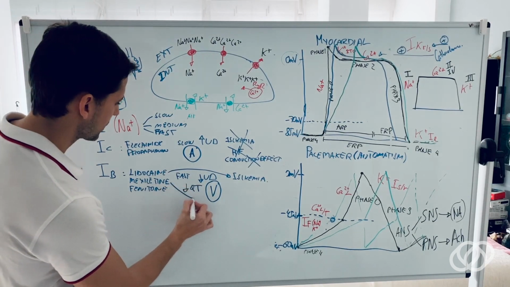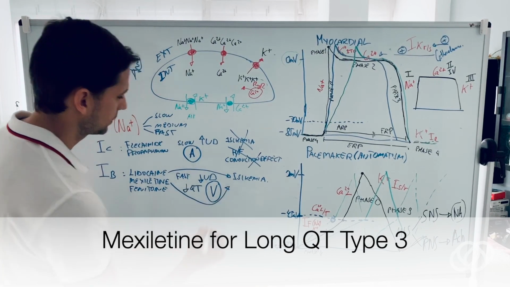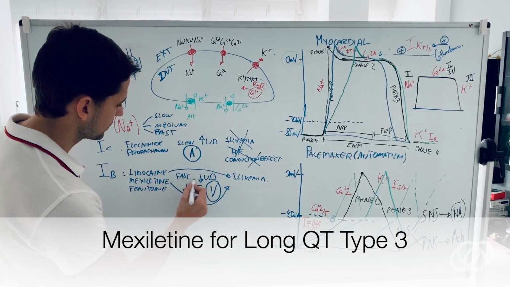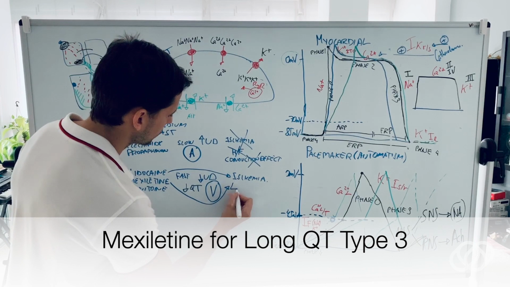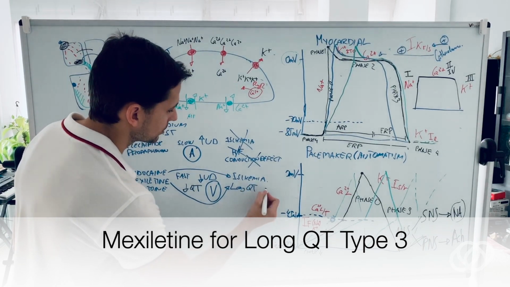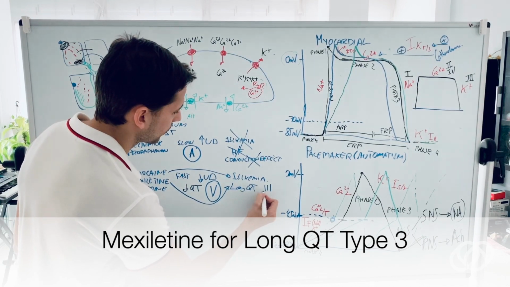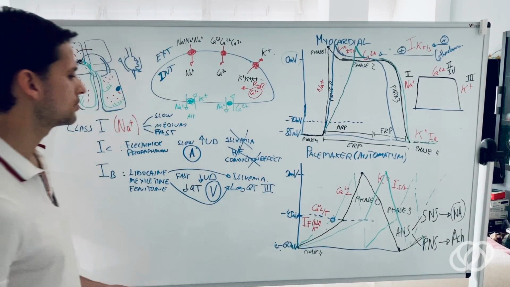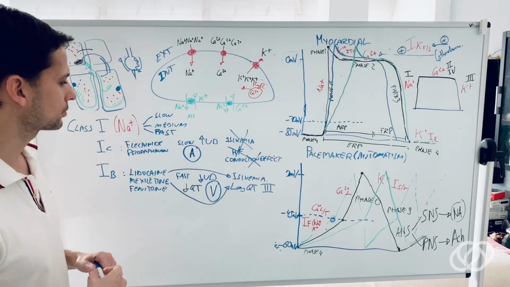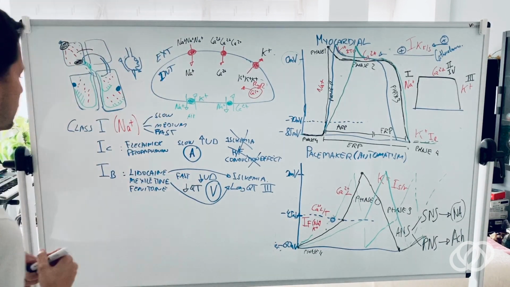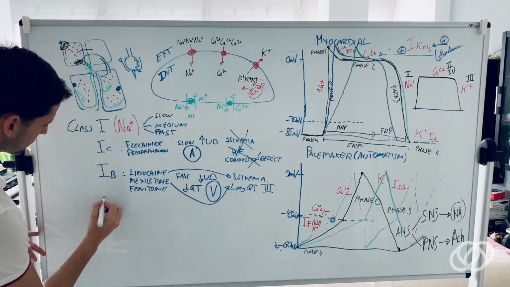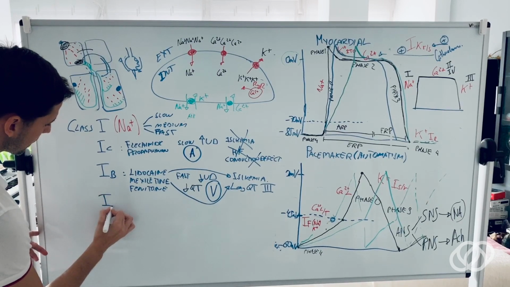Mexiletine we can use, for example, in long QT, because it doesn't increase the QT. We mainly use it in type 3, okay? We can use it in the other two, but we mainly use it in type 3. So those are the most utilities that we have.